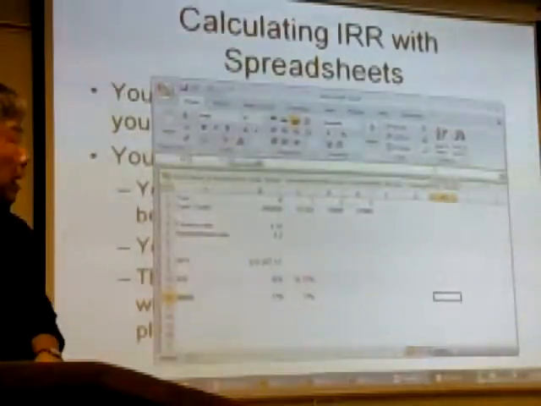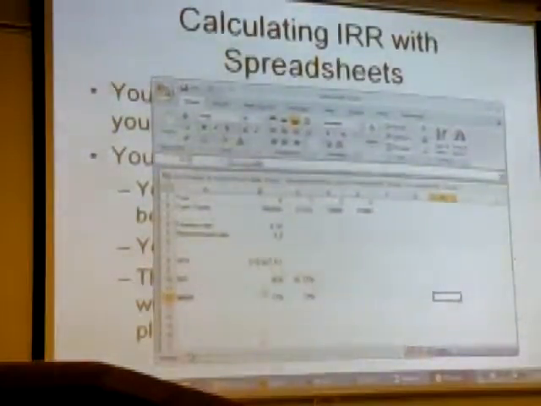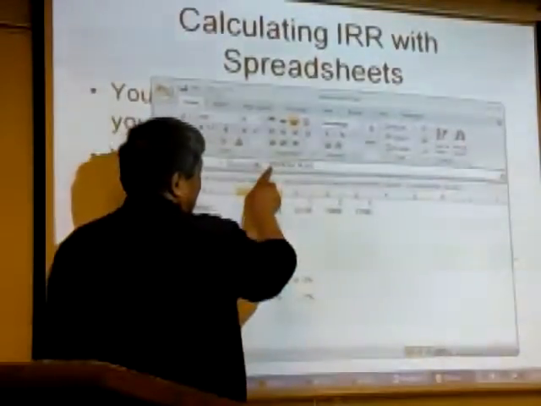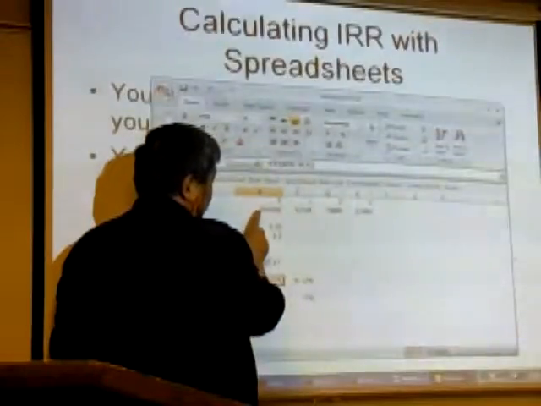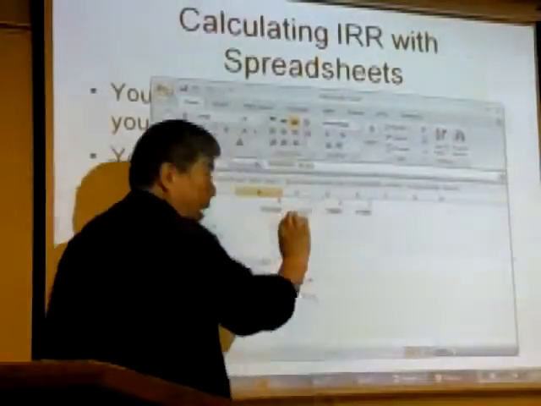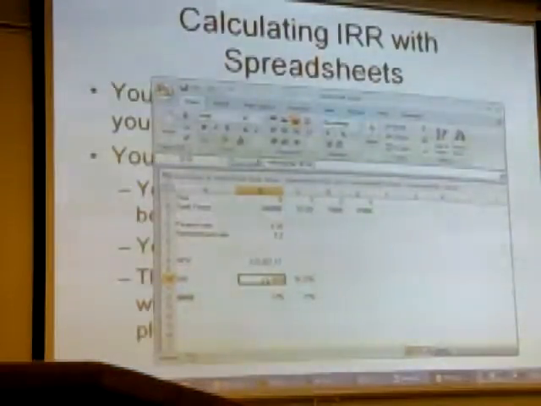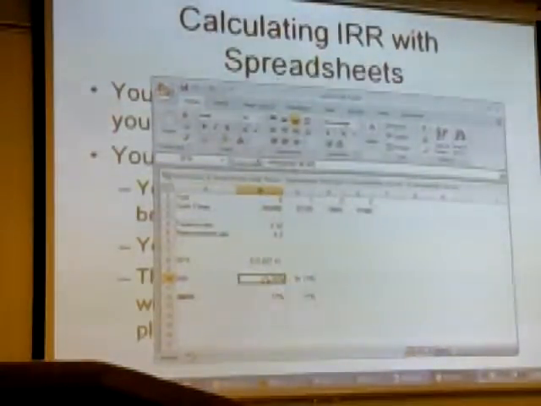Very straightforward. Let me show you the IRR formula. In the formula, you will see that IRR takes the whole range from this cell to here. The function also allows you to put in an interest rate as a guess, because IRRs, as I will show you later, can sometimes be multiple.